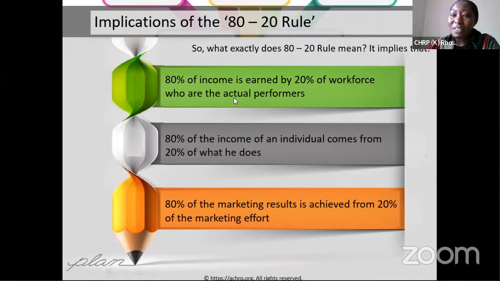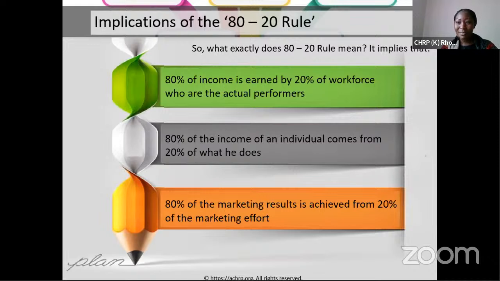The other statement we have is 80% of the income you earn is earned by 20% of the workforce who are the actual performers. The rest are just spectators, support, but 80% of that income just comes from 20% of the workforce. I think that is related to the sales, and is also related to the performance. Again, 80% of the income of an individual comes from 20% of what you do.